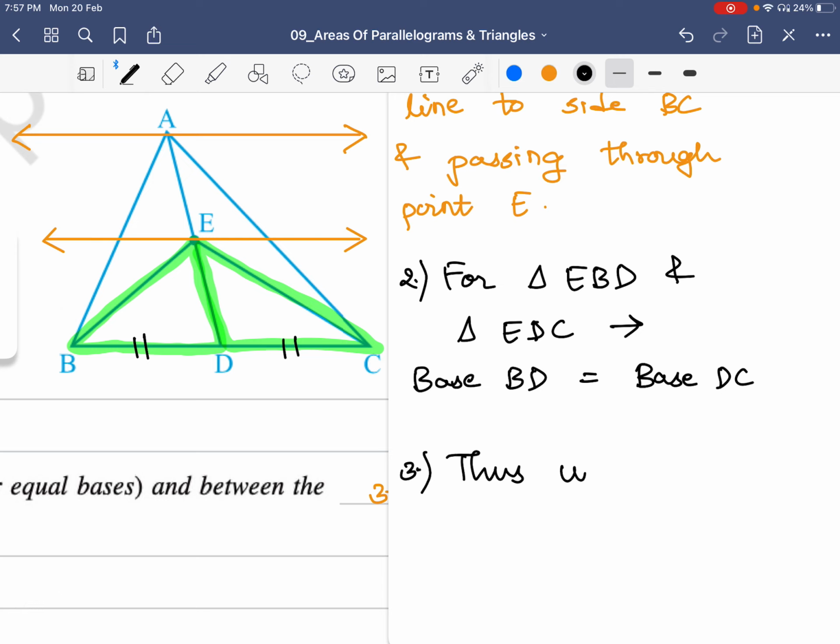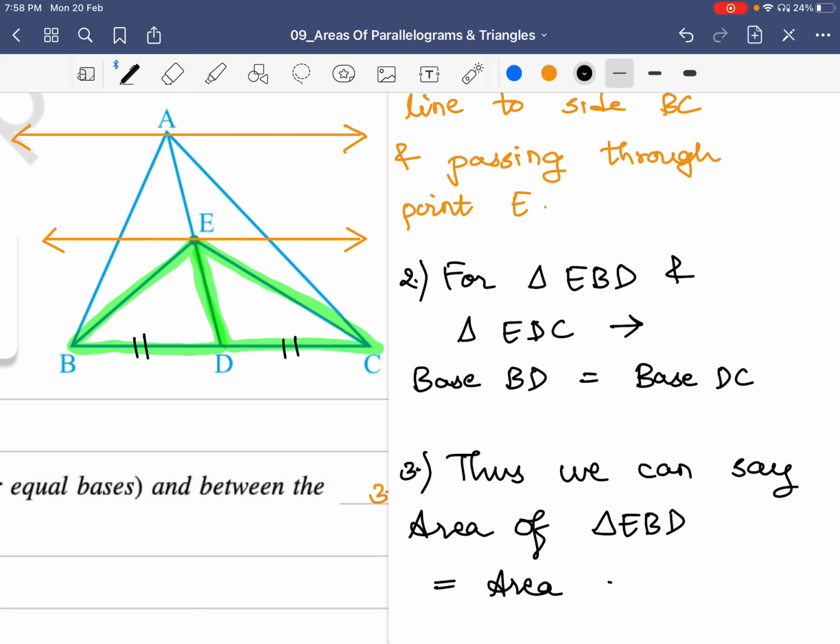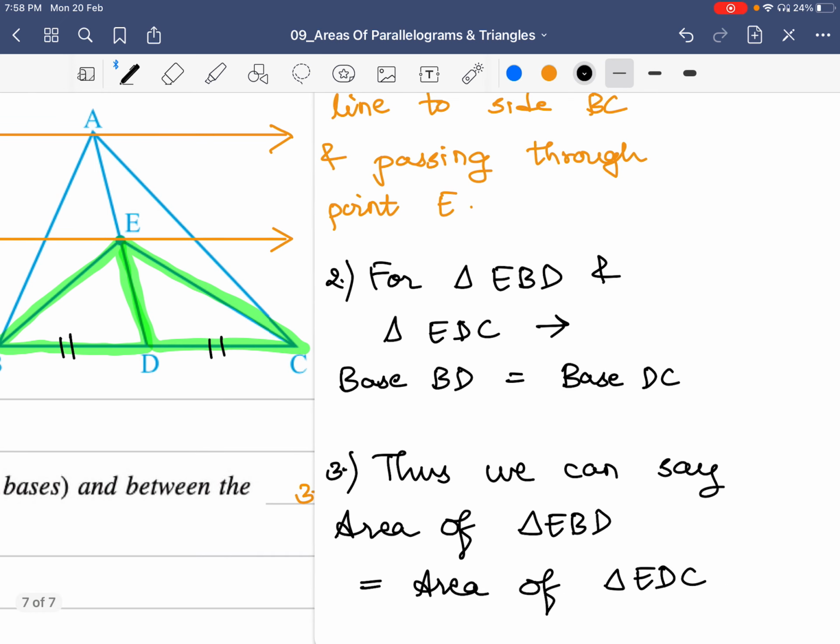Thus we can say area of triangle EBD is equal to area of triangle EDC. Once again, this is an important conclusion, so I'm going to make it as point number 3.